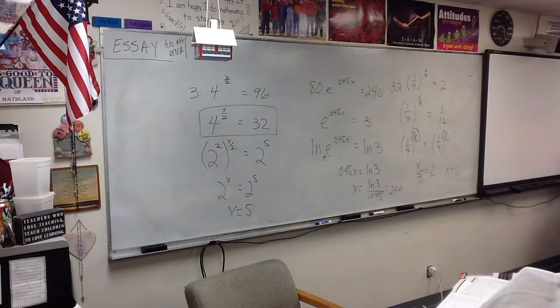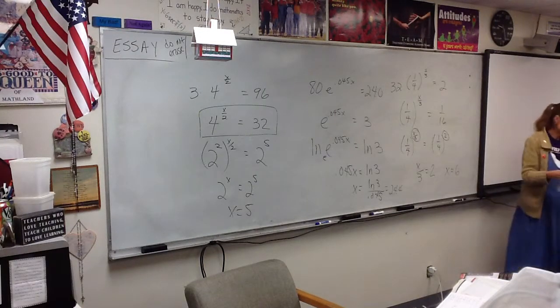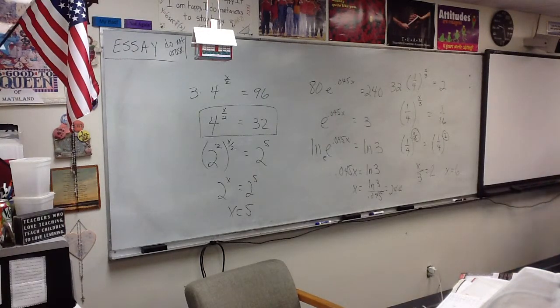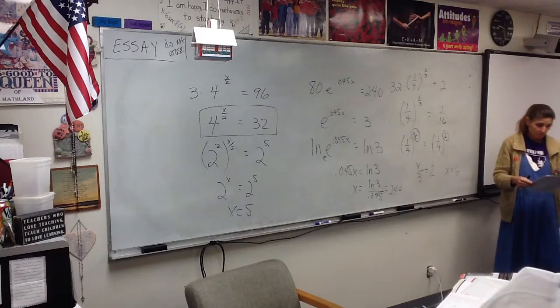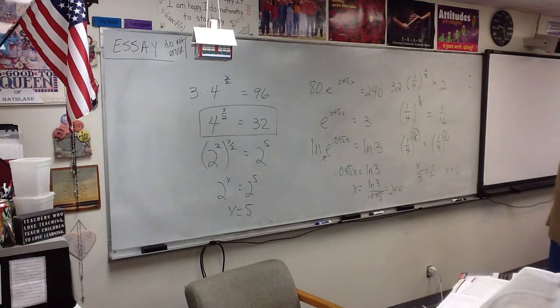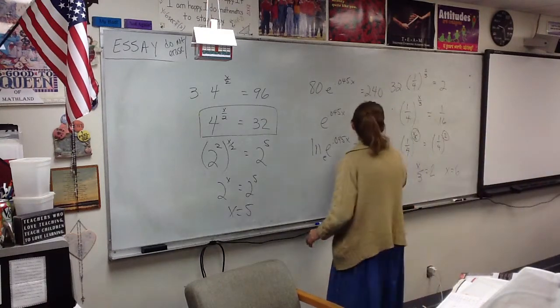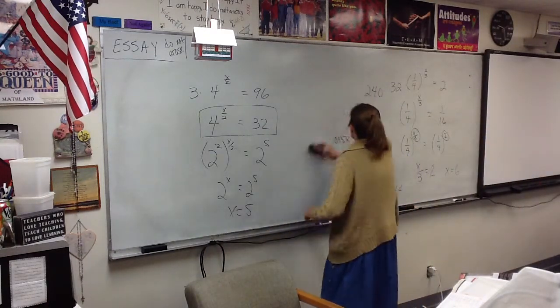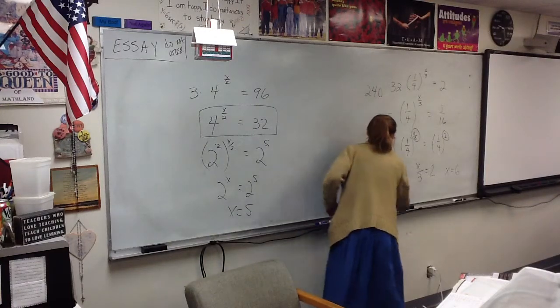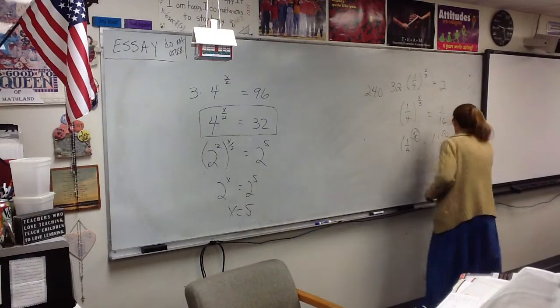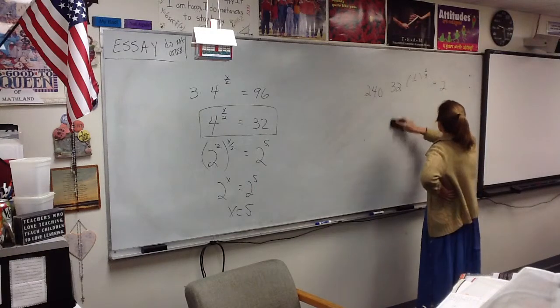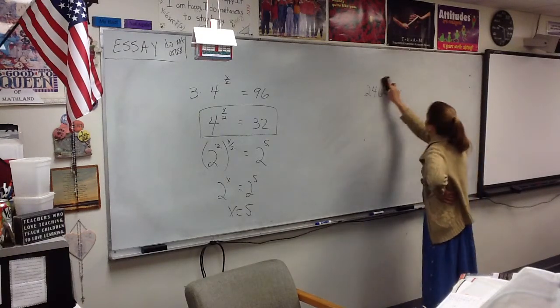What I want to do now is have you turn in your packet to the supplemental word problems. It's the last page of the big packet. Now, these word problems are not in your homework tonight.